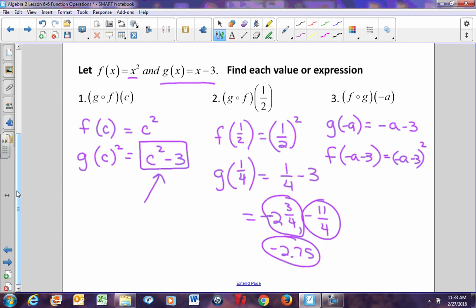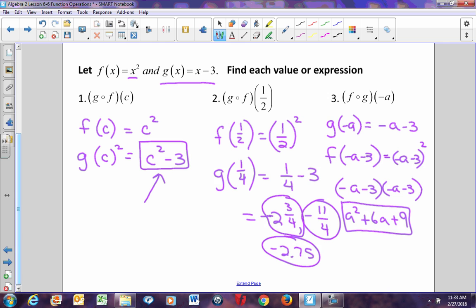If you're not really good at squaring, remember it's negative a minus 3 times negative a minus 3. So that's going to be a squared plus 3a plus 3a, plus 6a plus 9. That's the answer for that one. That's the composition of functions.